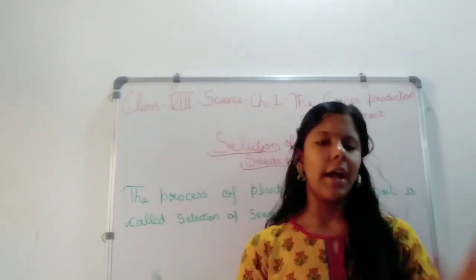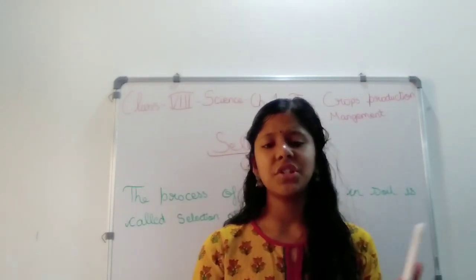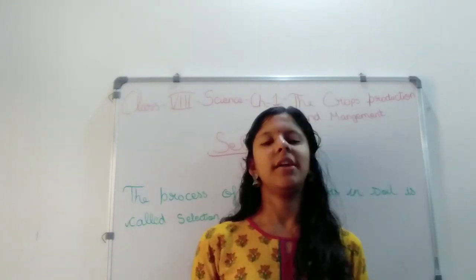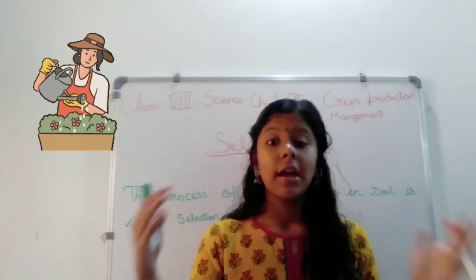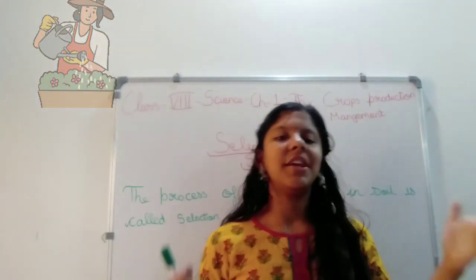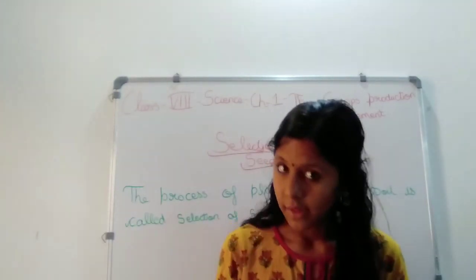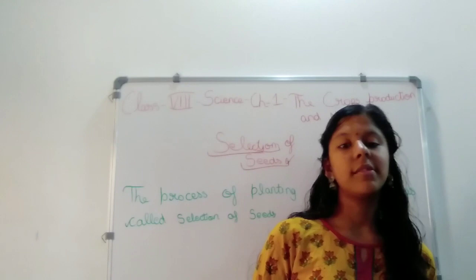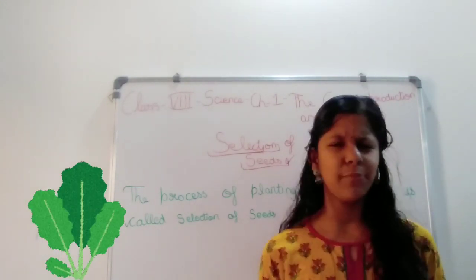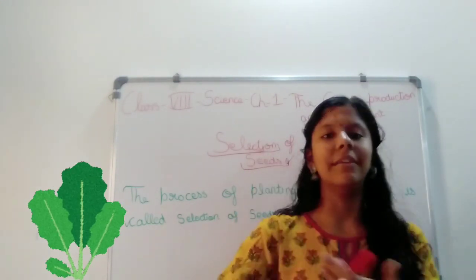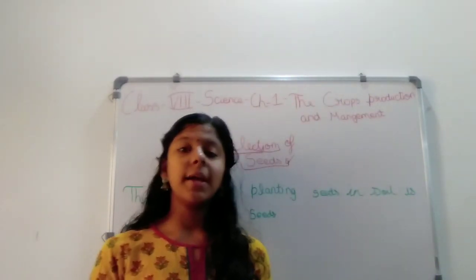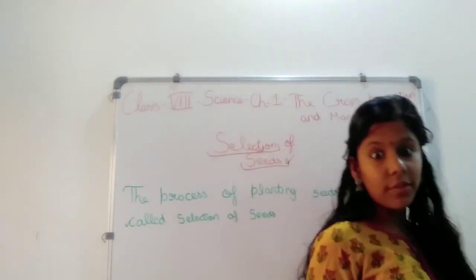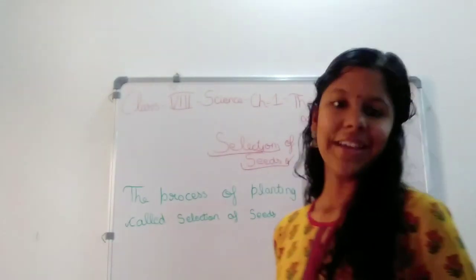So assume or imagine that you are a farmer and you are very eager to grow crops. You don't know any processes, and you are learning them, but you are very interested in growing crops.